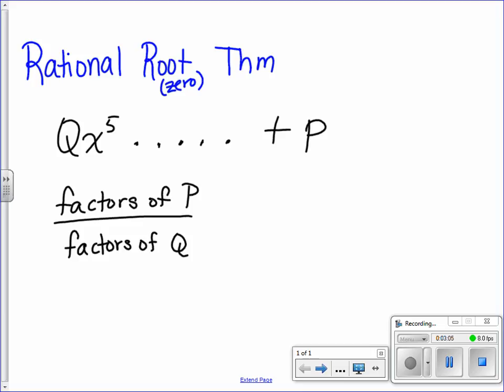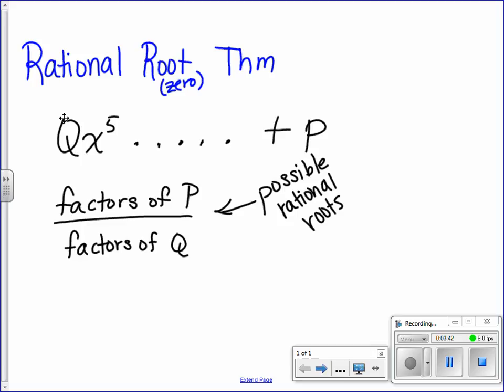This is where your possible rational roots come from. This is the lesson where everything starts coming together and making sense.